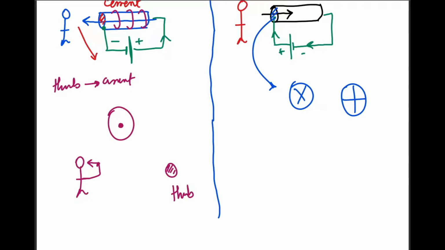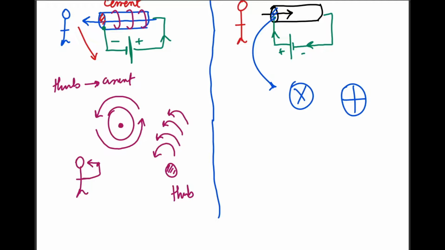And you will see that if you try to grip this conductor that is in front of you, your fingers will automatically close in such a way. So this will be the direction of magnetic field around a conductor viewed in this way if it was carrying current out of the page.